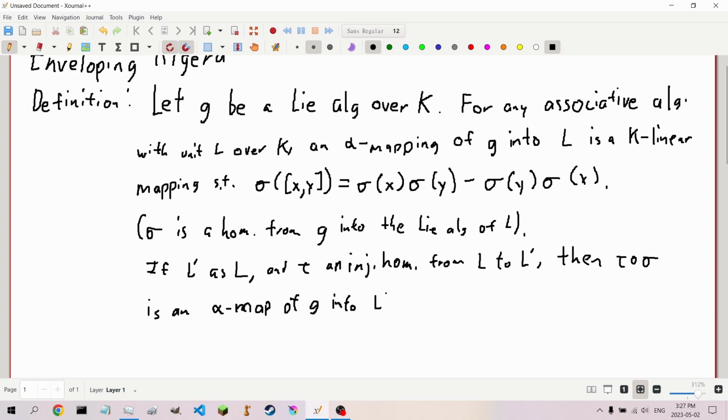I'm just going to draw a little diagram here. G is our Lie algebra, with an alpha mapping of G into L. We wrote a sigma, and we have an injective homomorphism from that down to L prime, and this composition is also alpha.